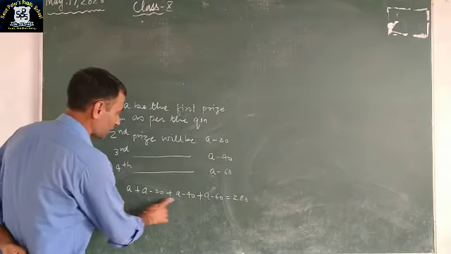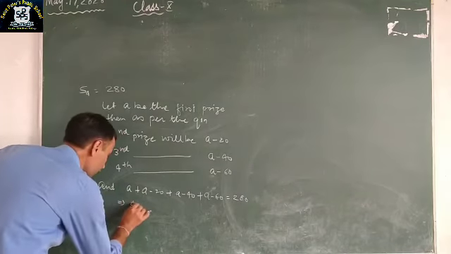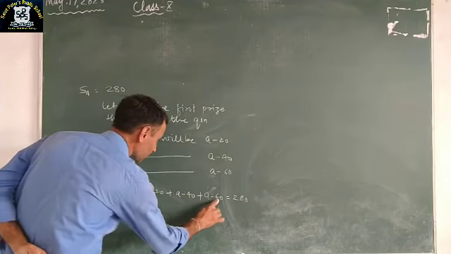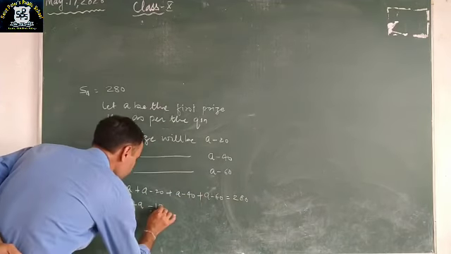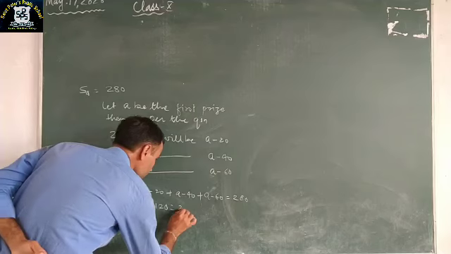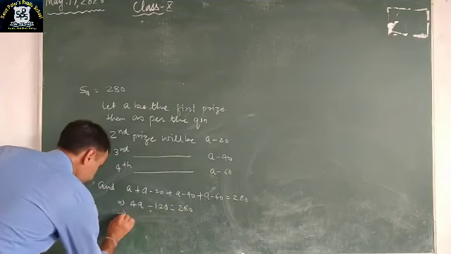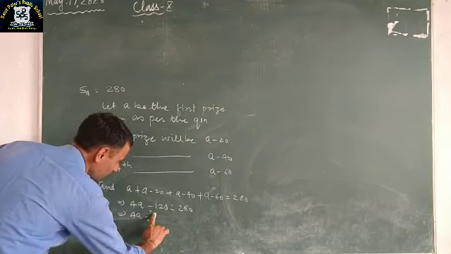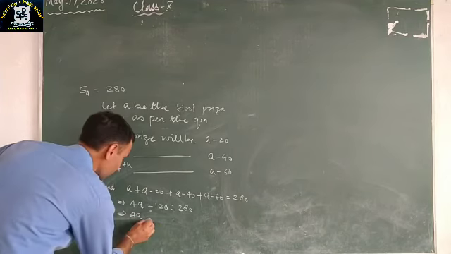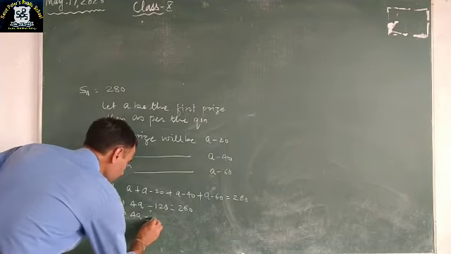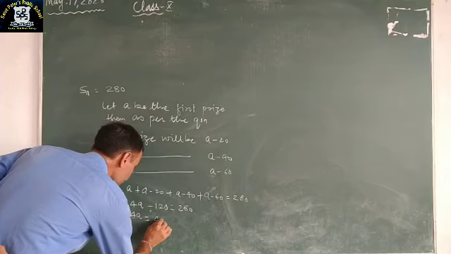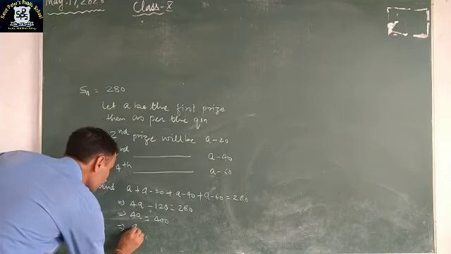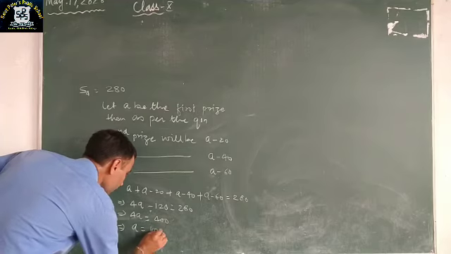So A plus A plus A plus A comes 4A, minus 20 minus 40 minus 60, minus 120, is equal to 280, or 4A will be equal to, if we transfer minus 120, it becomes plus 120, so that's 400. Therefore A will be 100.